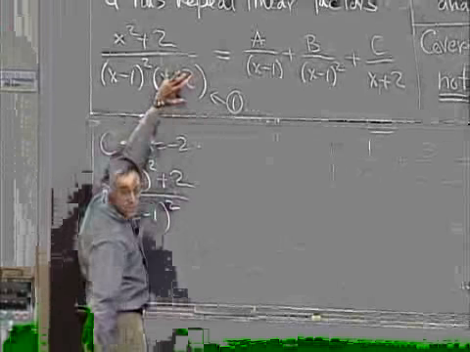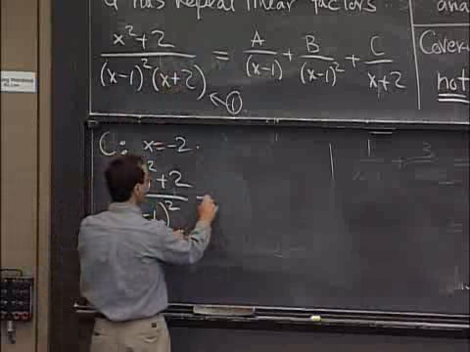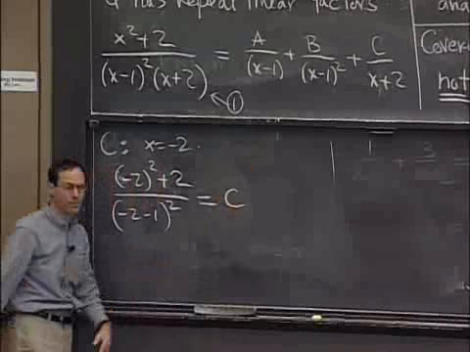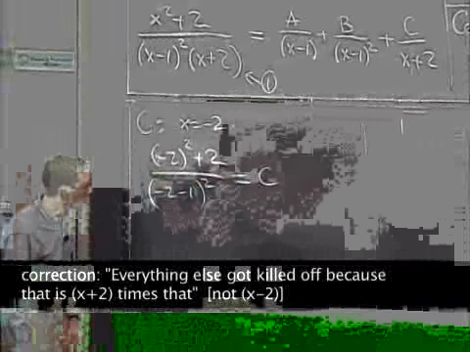Remember, I'm covering this up. So that's all there is on the left-hand side. And on the right-hand side, all there is c. Everything else got killed off because it was x plus 2 times that. That's 0 times all that other stuff. And the x plus 2 over here canceled.